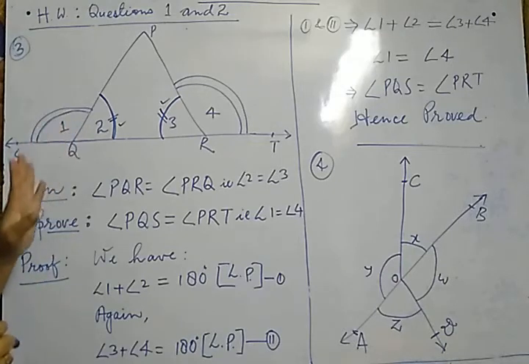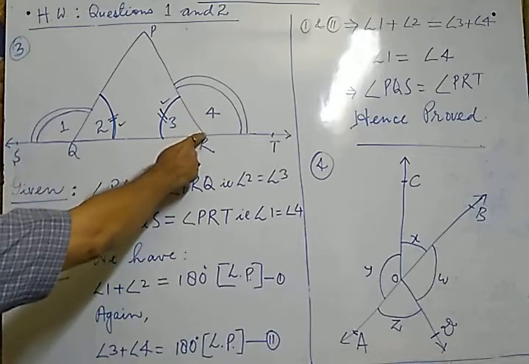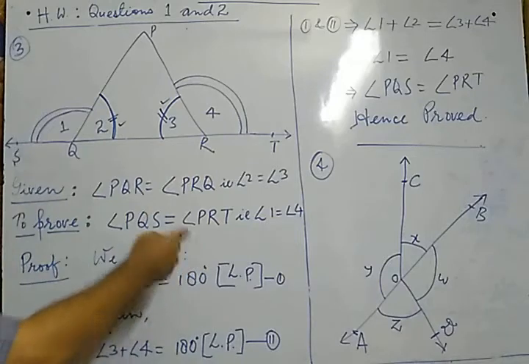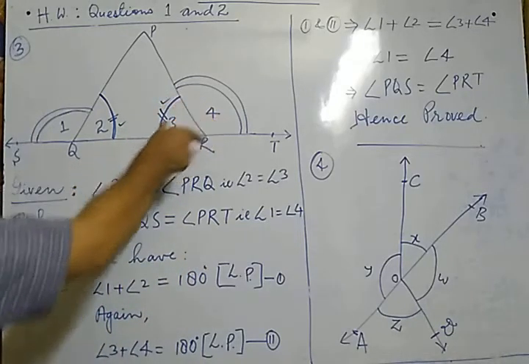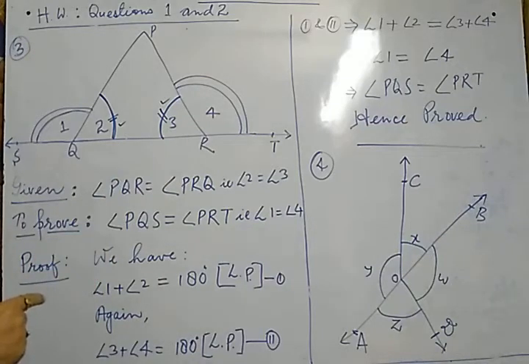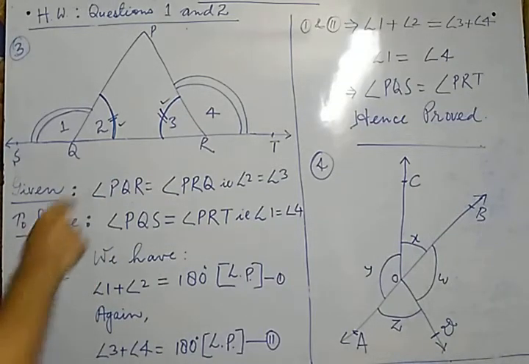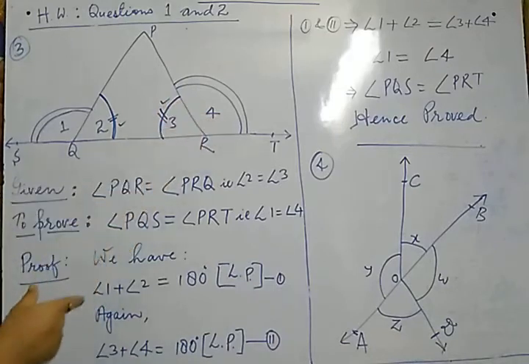At this corner we have completed. Now here we have to examine the same nature again. This angle and this angle are a linear pair here, and the sum of angle 3 and angle 4 will also be equal to 180 degrees.